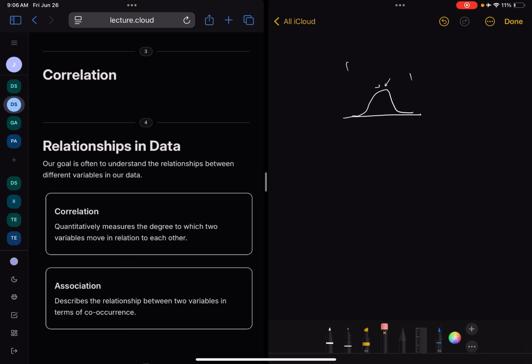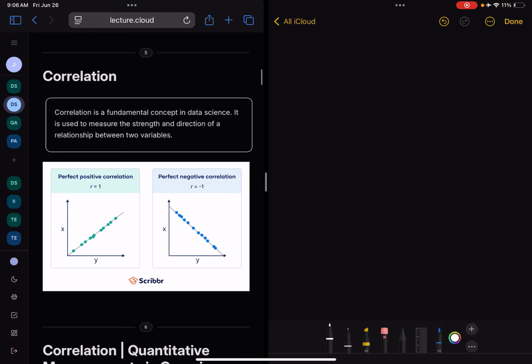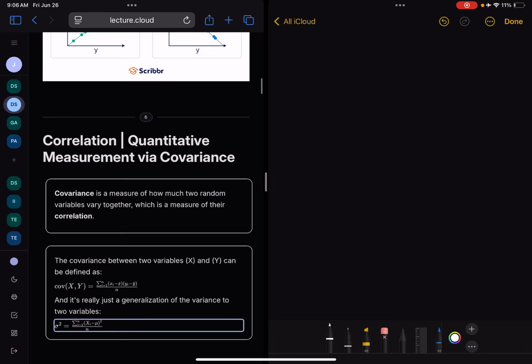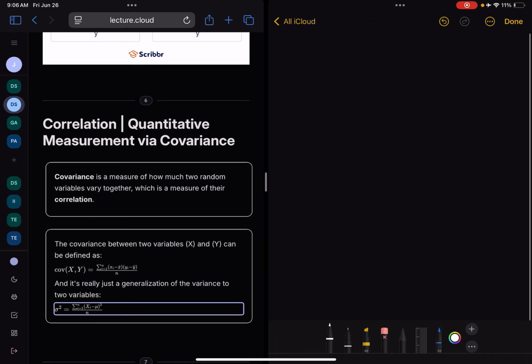Now, what we want to do in this lecture is discuss how different variables relate to one another. One way that we do that is through something called covariance. Recall that our formula for variance looks like this.